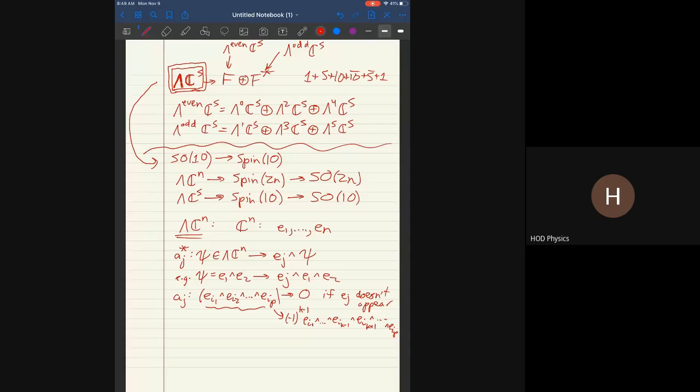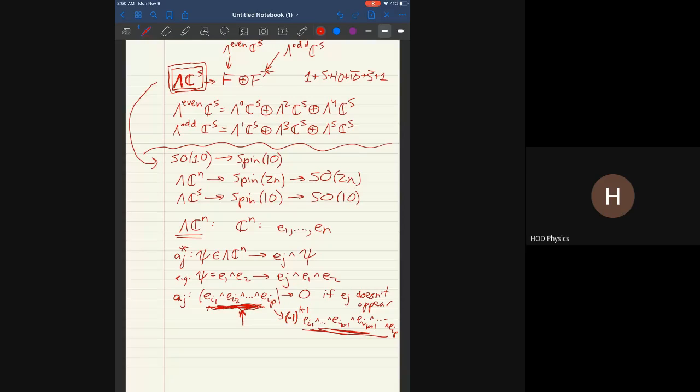Is it clear that if Ej does appear in this list, suppose it's the kth element, then we remove it from the list? We started with a p-form, and when we acted on it with Aj we got a (p-1)-form. If Ej was the kth element in the list, we simply removed it, so now we only have p-1 objects that we're wedging together on the right-hand side. And since it's the kth element in the list, we put an overall (-1)^(k-1) in front of it.